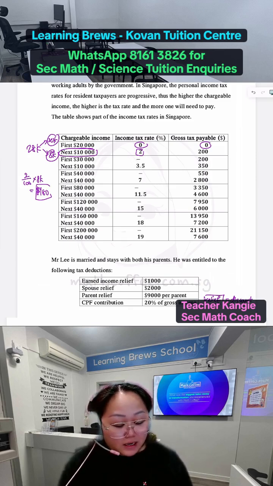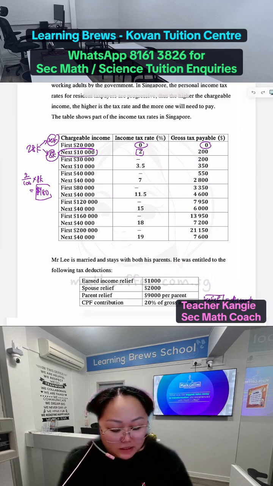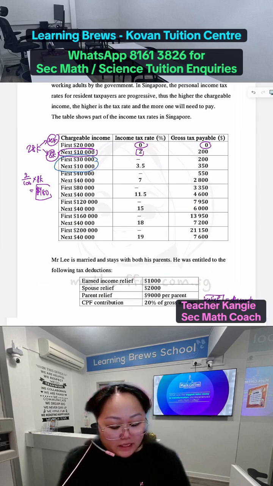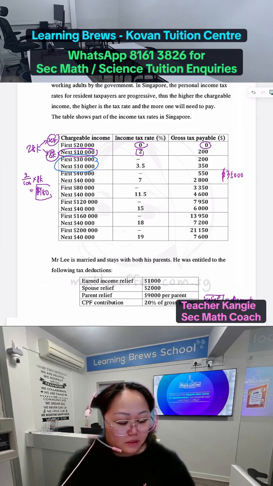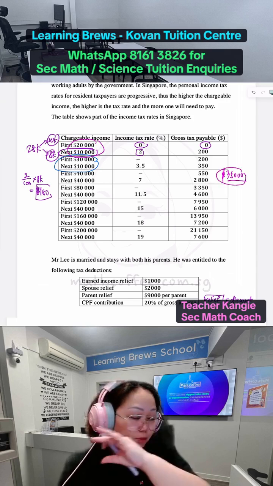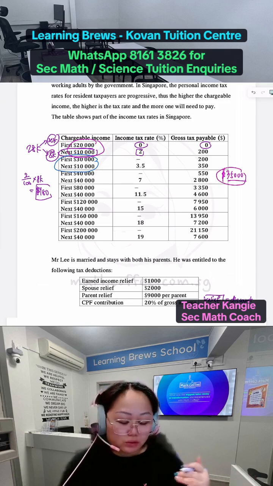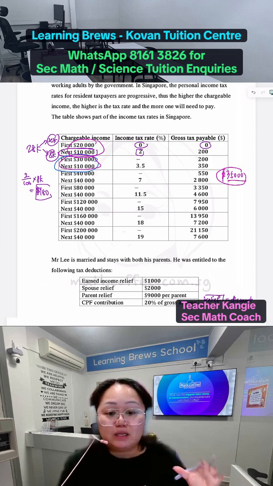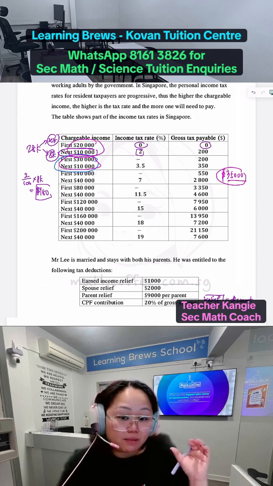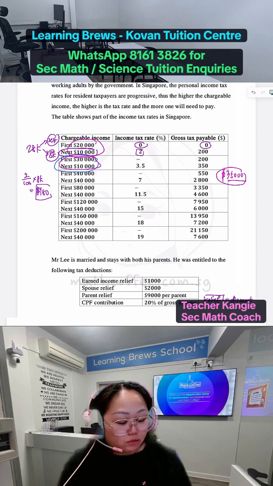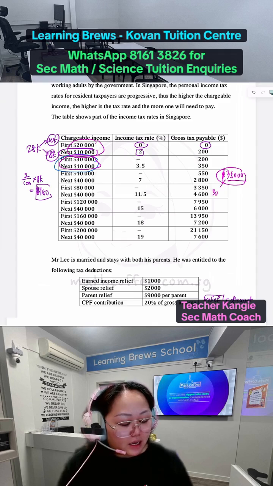Then how about the next row? What does it mean? Let's say now your chargeable income is 35k. You look at the first row, where the total is 30,000. You are 35,000, so you are no longer eligible for the first row. Then you go to the second row, which is 30 plus 10, that means 40,000. When your chargeable income is between 30k and 40k, you are looking at the second row. They already calculated the 30k for you: you have to pay 200 tax.